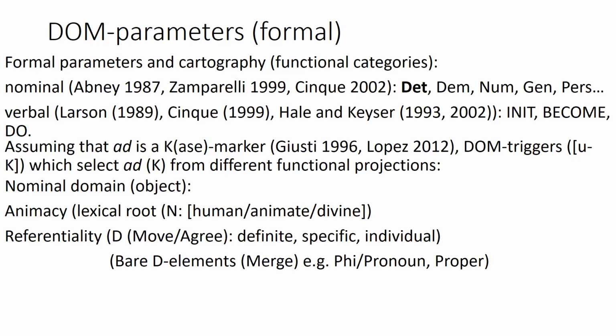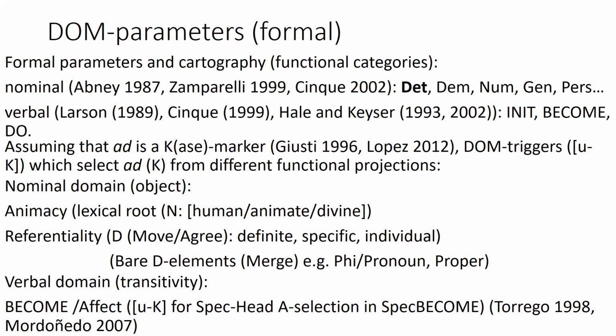Referentiality, which can be internally merged or externally merged. If it's a movement or agreement type, we get definiteness, specificity, and also individuality, which we see later on. But also bare D elements like phi features and pronouns and proper names, and these may also trigger DOM. Verbally, or in the verbal domain, Become or Affect.